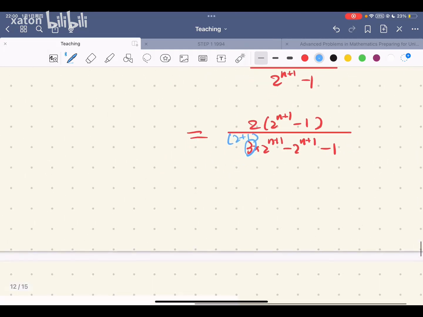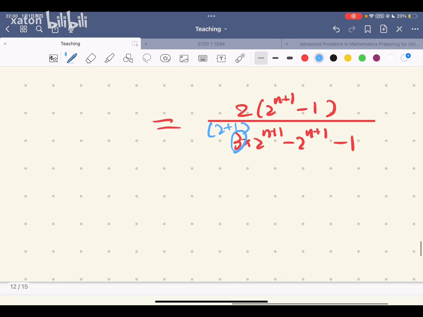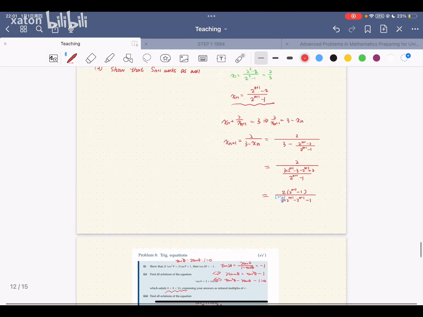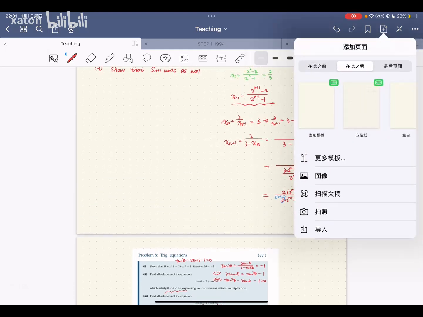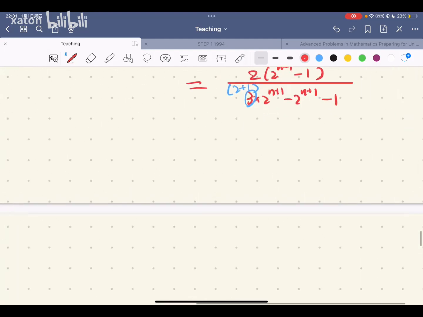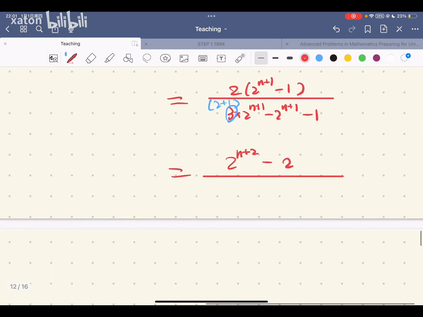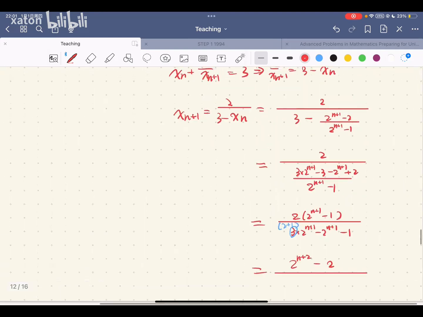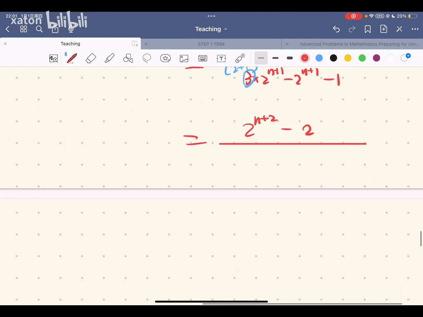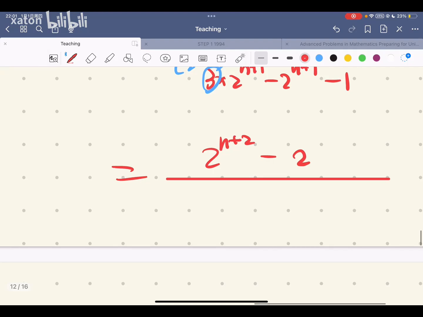Okay, let's keep going. The numerator should be 2 to the power of n+2 minus 2. And actually this numerator is what we want, but we have to make the denominator what we want.